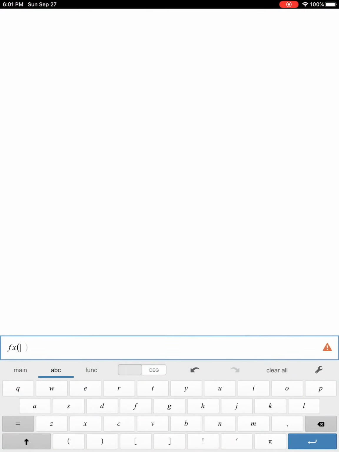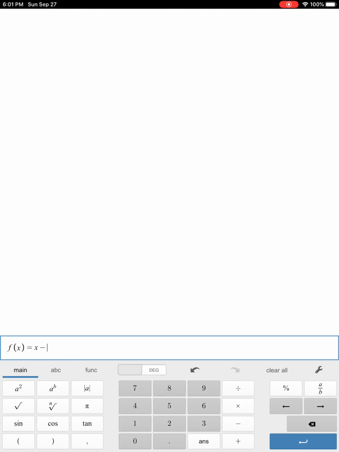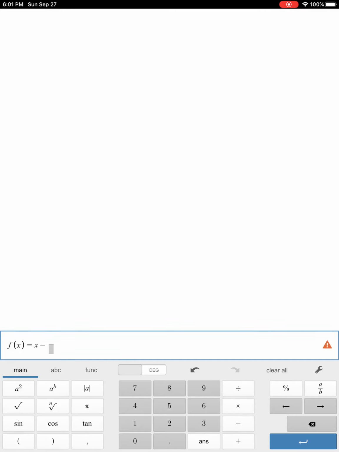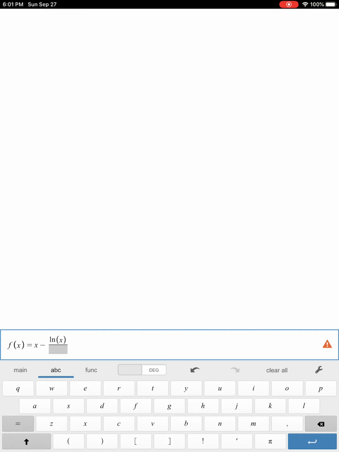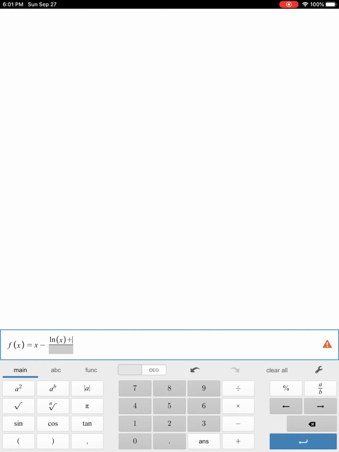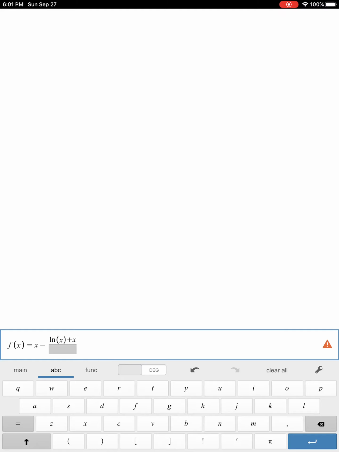So again, we need to define our approximating function, and it's always going to be x minus the fraction of f of x, which we need to go and find the function ln of x plus x.